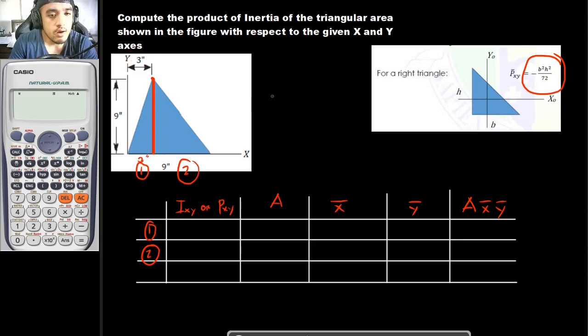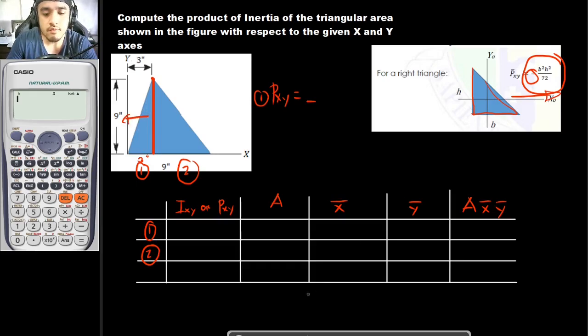So for PXY of number 1, as you can see in this part right here, this should be negative if your triangle is in this orientation, if it is facing there. As you can see, this triangle is facing to the left.